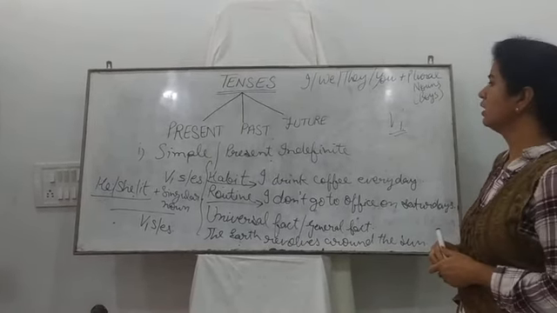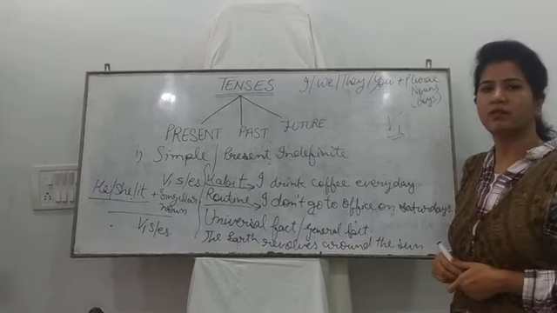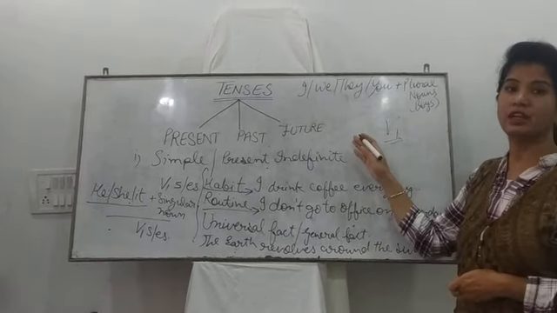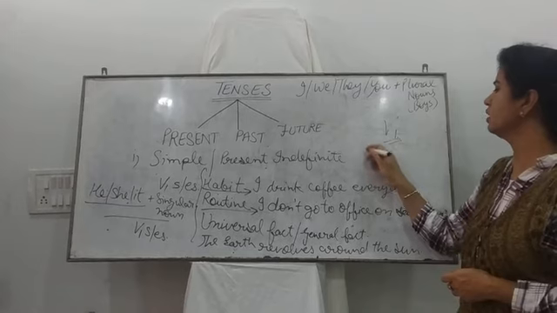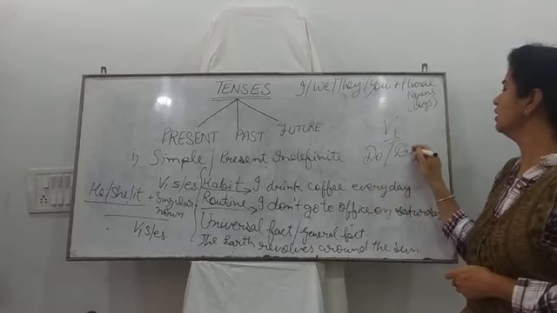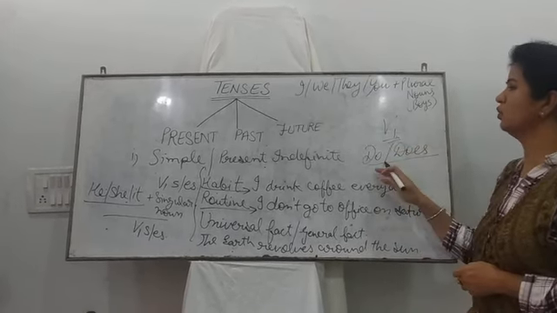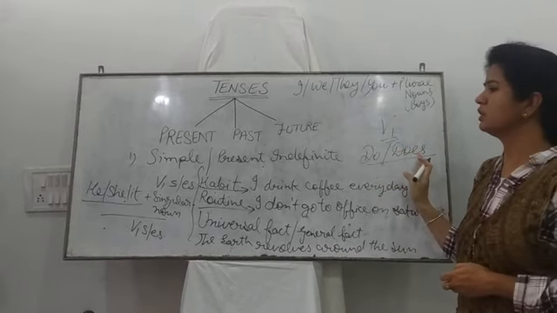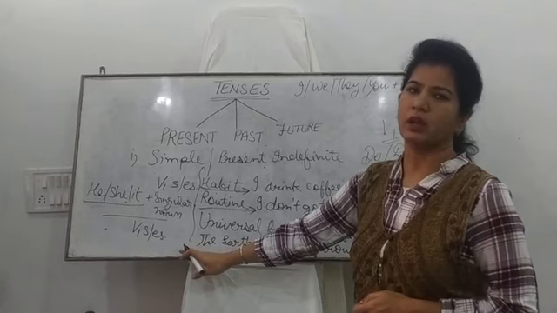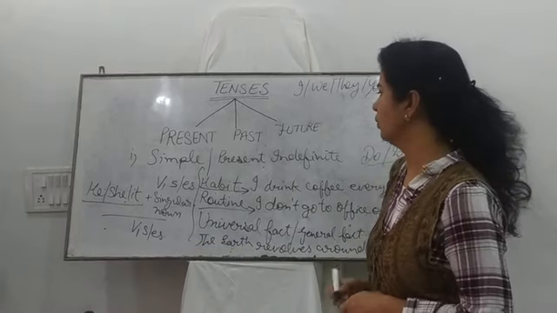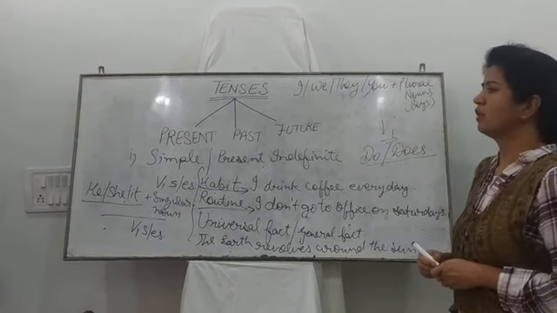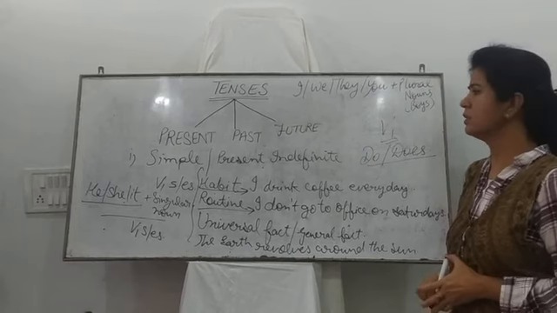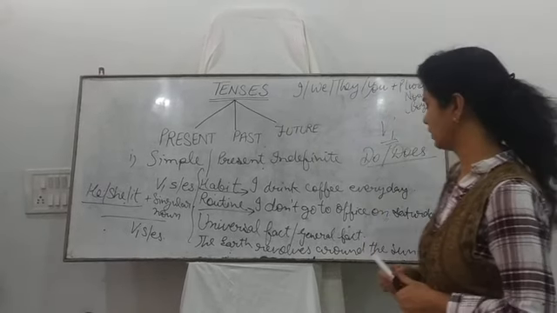And in negative and interrogative sentences, we use do and does. Do with the plural pronoun and nouns, and does with the singular pronoun and nouns. So, that was simple present tense. Okay?